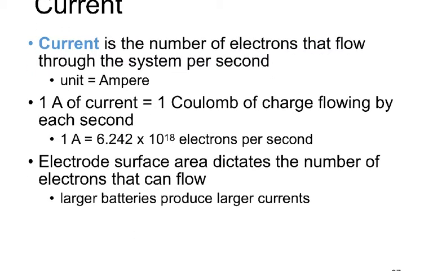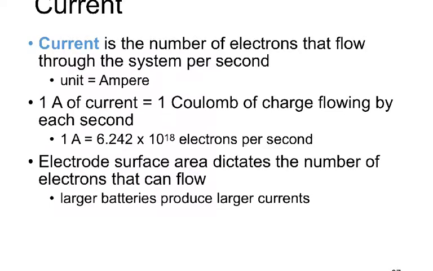Current is the number of electrons that flow through the system per second. So remember our stream analogy. The unit on current is ampere, or amps, and 1 amp of current is 1 coulomb of charge flowing by each second.